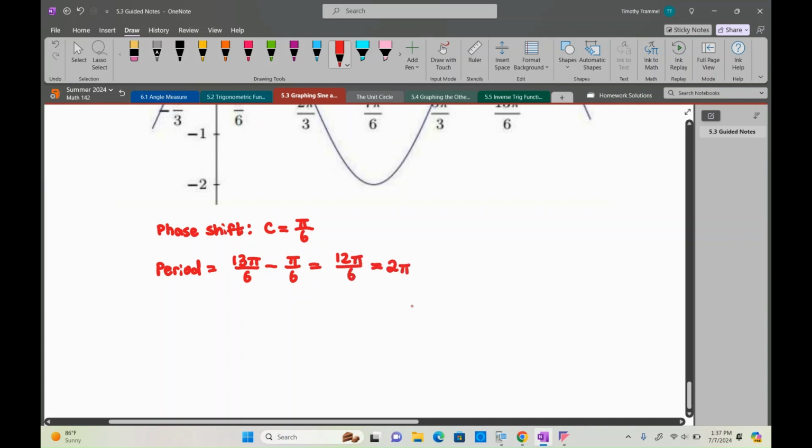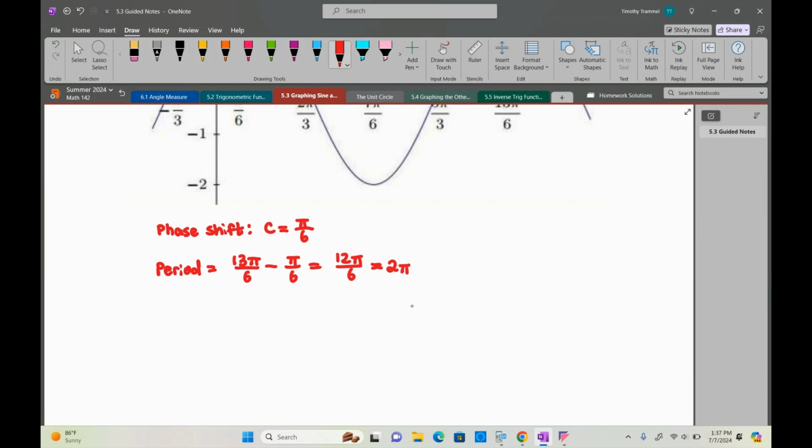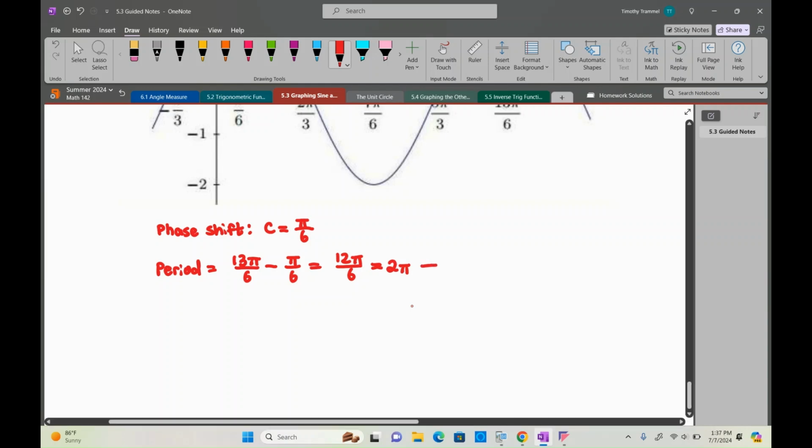Okay. So cosine without a horizontal stretch or compression will have a period of 2 pi. This tells us that B, the thing that affects our horizontal stretches and compressions, must just be 1. So we have B, we have C, and so we've actually found the harder two first here.